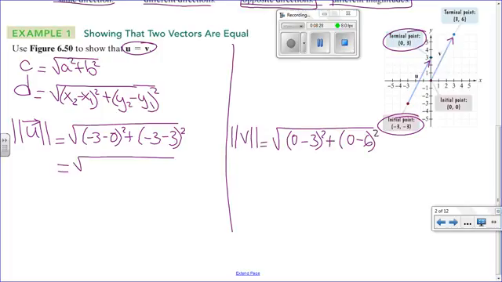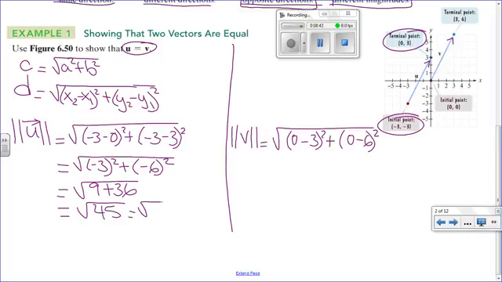So if you're doing U or V, make sure you plot your points correctly. If you see that I've made a mistake, please let me know.